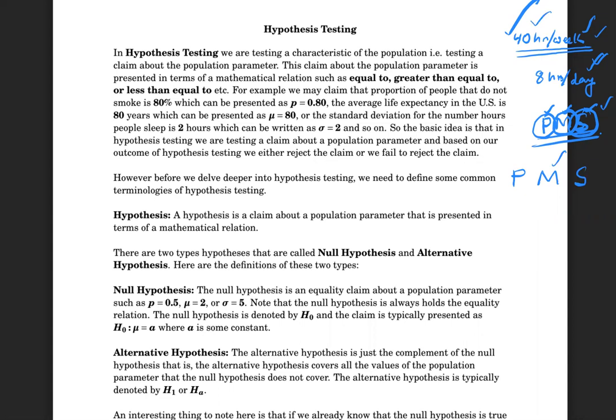What percentage of the people being vaccinated are staying healthy, or the effectiveness of the vaccine? That's the proportion, right? So you can see a pharmaceutical company is already interested in these two things. And also they may be interested in the standard deviation of the manufacturing time, or mean. How long is it taking? How much variation do they have?